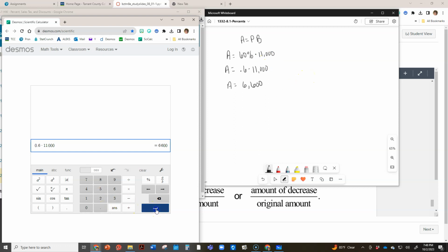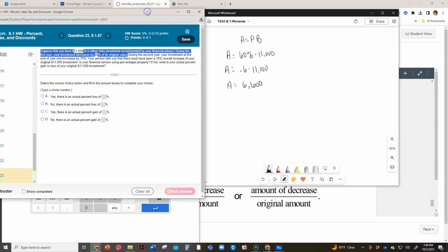So we know then that if you take $11,000, take away 6,600, then we have 4,400 left for year two. I think that's what it said. Yes. So we lost this during year one.